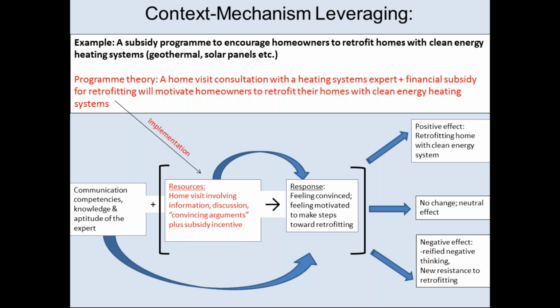So that could be something that evolves through a realist evaluation study, where you realize that there are elements of the context that are so important that they need to be imported and become part of the formal architecture of the program.